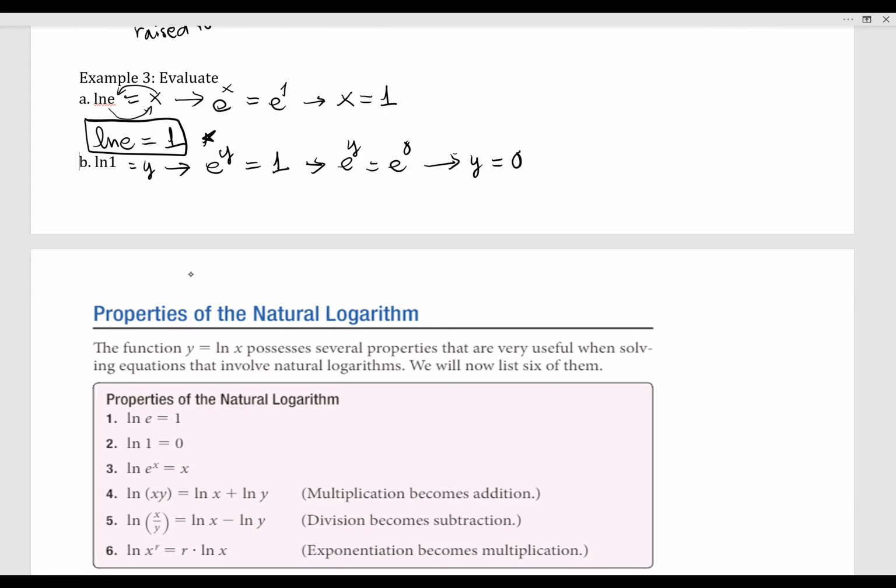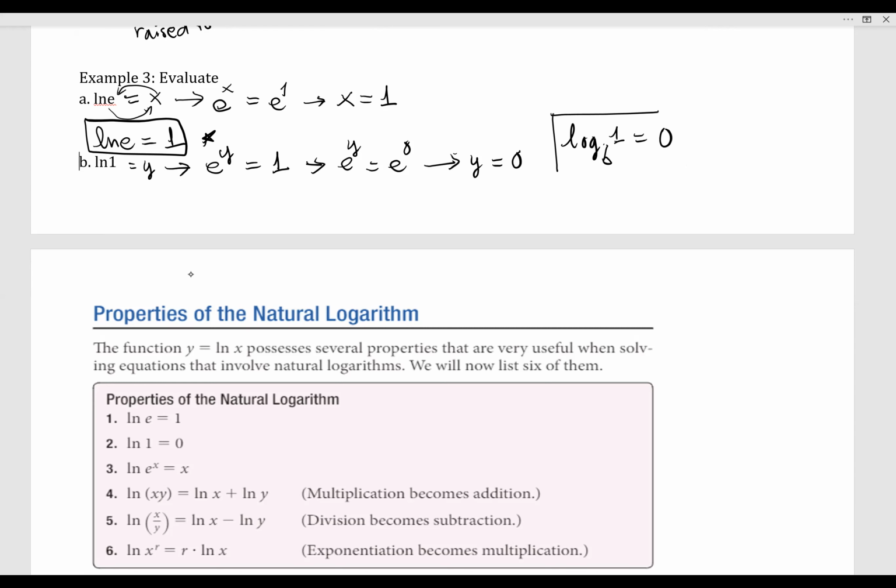And if you remember from college algebra, you learned that log base b of 1 will always equal 0. Similarly, log base e of the argument will always equal 0 if the argument equals 1.